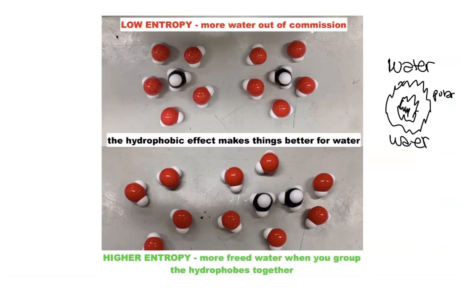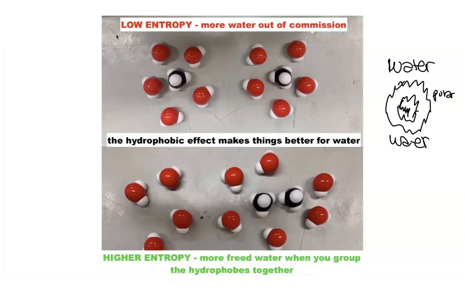When they bind to those hydrophobic patches, it's like taking all these water molecules that are taken out of commission by surrounding that hydrophobic patch, and now if you replace that with something else, you're able to free up those water molecules. And maybe the hydrophilic, polar parts of those molecules can then form interactions with the water. So you're able to exchange some non-favorable interactions for more favorable ones and free the water.